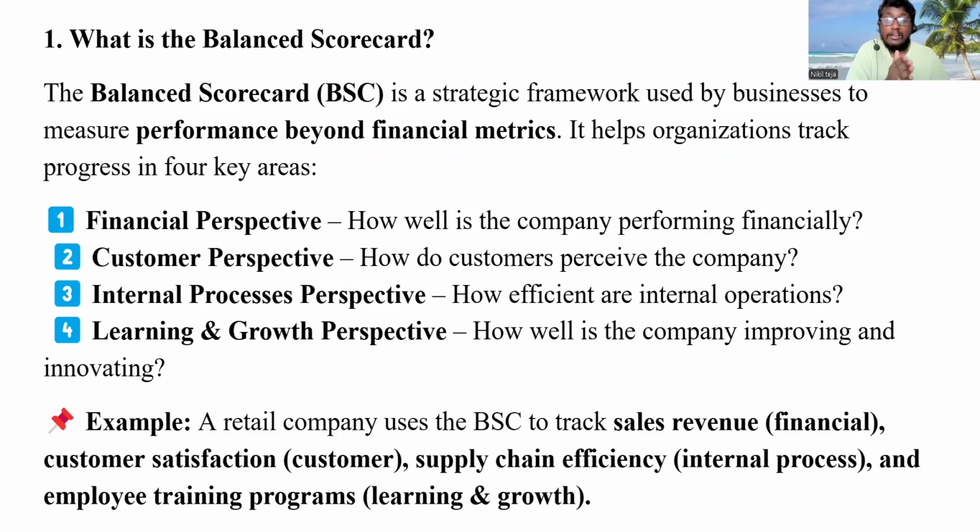For customer satisfaction, they use metrics like NPS, the Net Promoter Score, and CLTV, customer lifetime value. For tracking internal process and supply chain efficiency, they track metrics like error rates and production time. And there will be some metrics for learning and growth too, which we will see in the next slide.